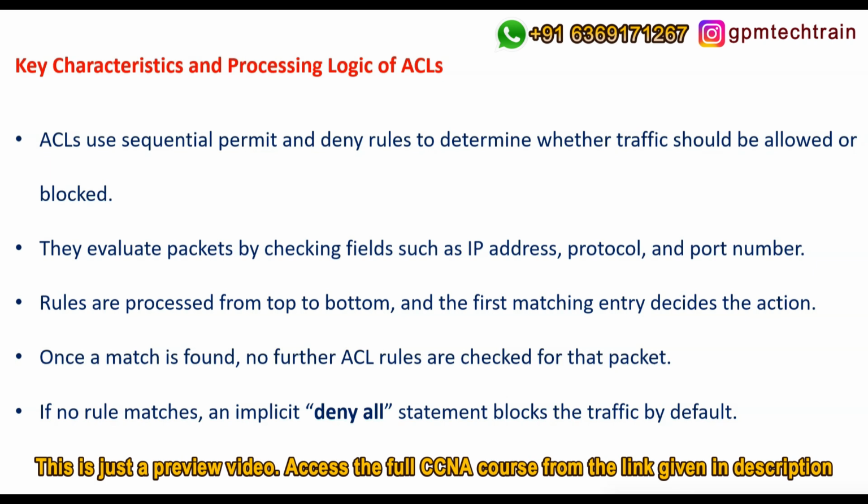It will first check rule number 1, and if the condition is not matching, it goes to rule number 2, then rule number 3. Like that, it compares each rule from top to bottom.